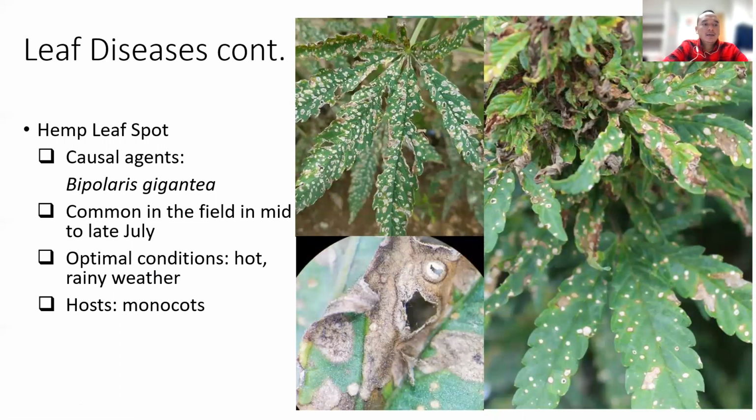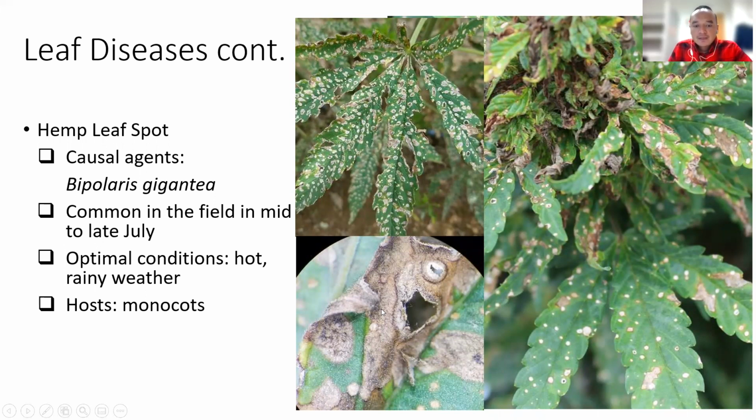Next is hemp leaf spot or Bipolaris leaf spot. This disease is caused by Bipolaris gigantea. This pathogen primarily infects monocots. So symptom of this disease can be tan to brown spots on the leaf, like you can see in this picture.